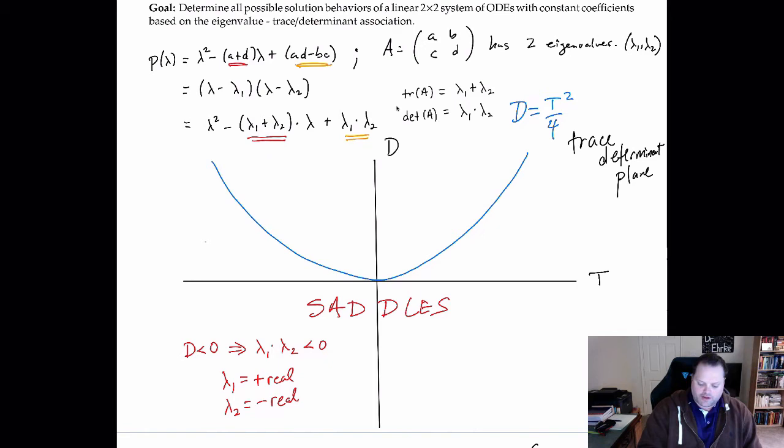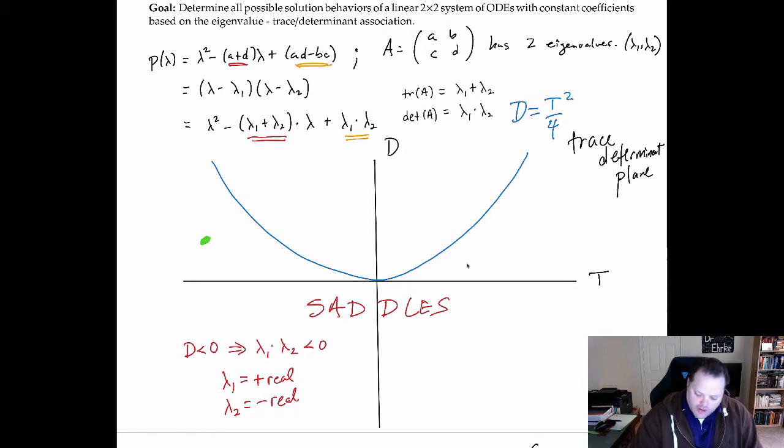Okay, let's take a spot, say over here. What do we know about this area? Well, we know that the determinant, the y value, is less than t squared over 4. The critical polynomial has y values t squared over 4, and we're less than that value.